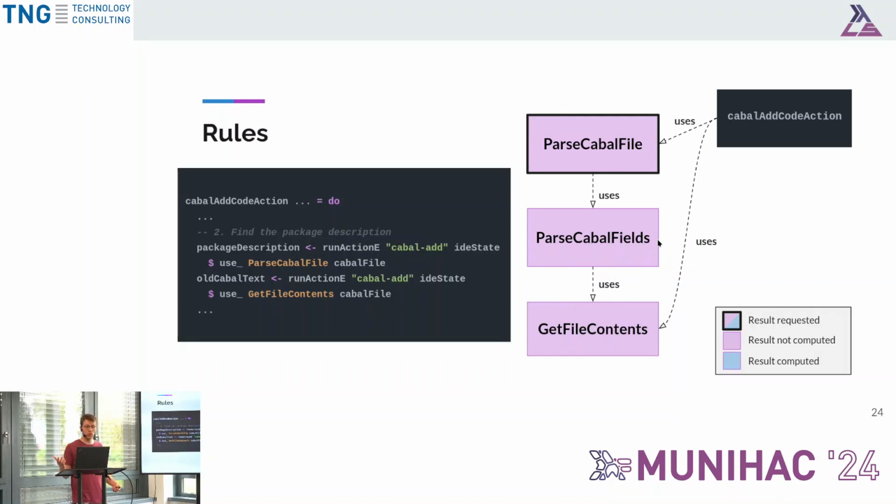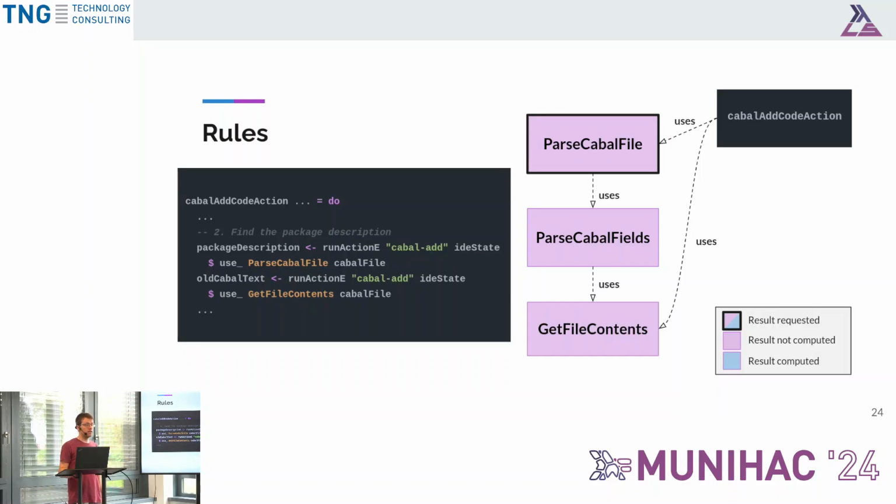In this case, no. So we also need to recompute the result of the parse cabal fields rule. The parse cabal fields rule also does not have any result yet, so it will check whether its dependencies are up to date. The same: get file contents is the last dependency in that chain, and it has also never been computed. So we have never actually read the cabal file from, for example, disk.